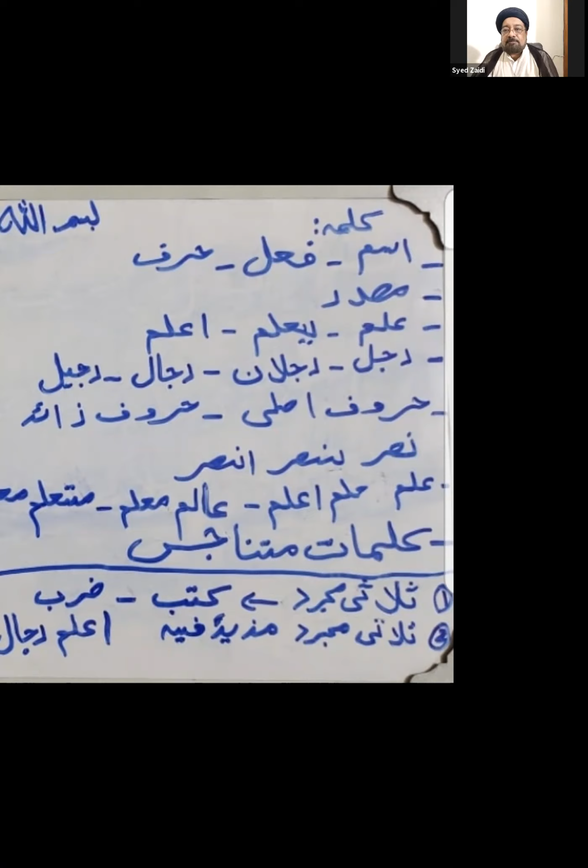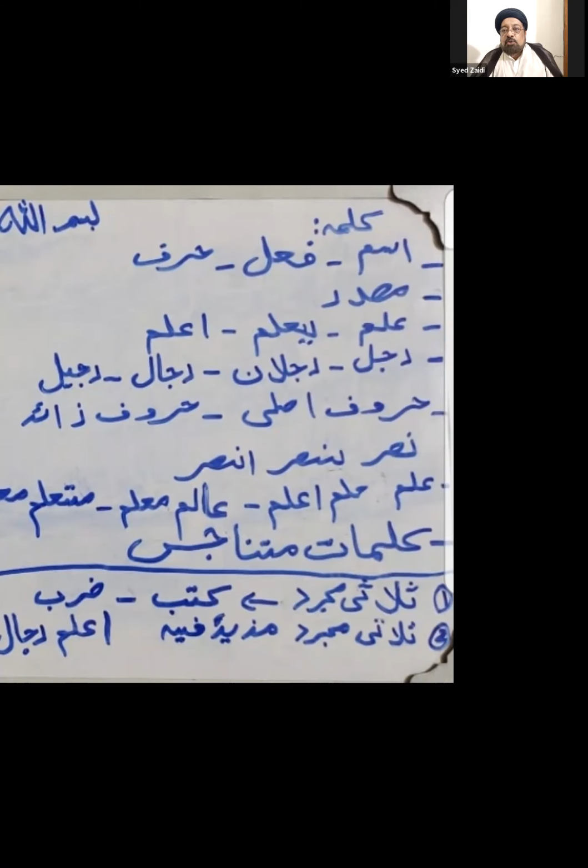It's very simple. If you move on to the other example, the four words that you see, rajul, rajulan, rijal, rujail, the original three letters were ra, jim, and lam.